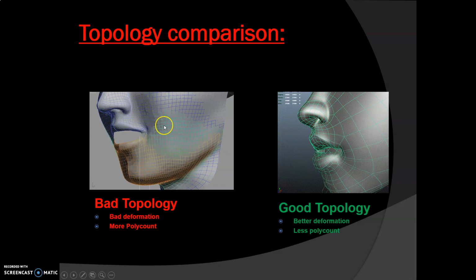Whereas this one, we just have a bunch of faces like that. This one follows the line flow of the human muscle, and when it comes to deformation or animation, this topology will deform better.